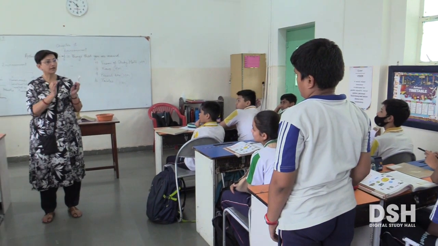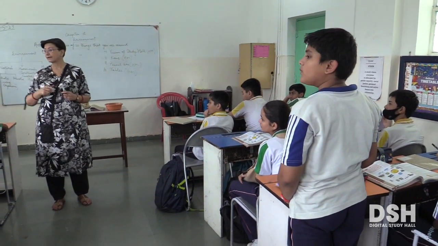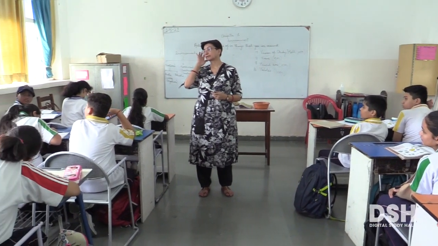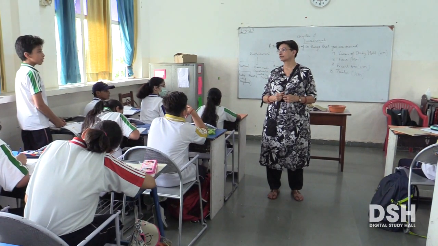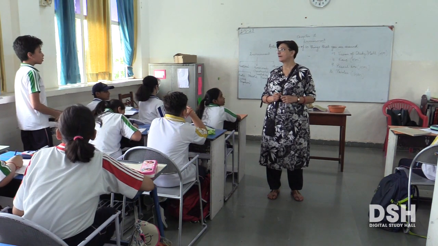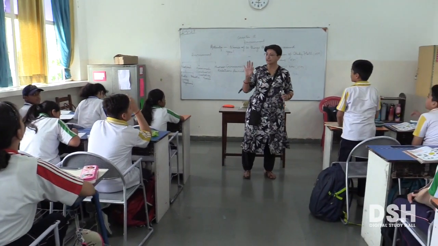Can you name them under some specific heading or group them together? Yes? Abiotics are the non-living things which occur in nature, like stones, gold, silver, soil. Okay, what is stone? Stone is a non-living thing.